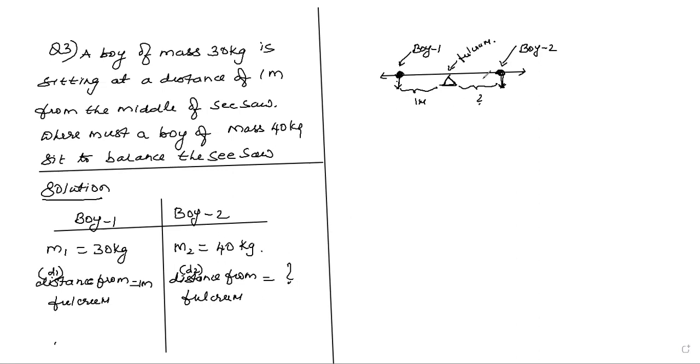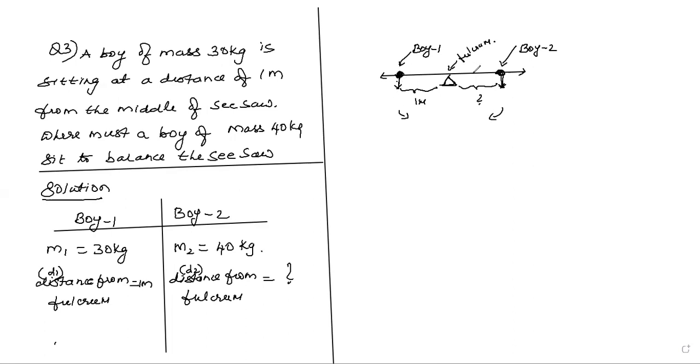So naturally here, can I say by the principle of moments? See here, boy 1 is sitting like this. He is going to produce, children, please have a look here, an anti-clockwise moment. Whereas boy 2 is sitting here, he is going to produce a clockwise moment.